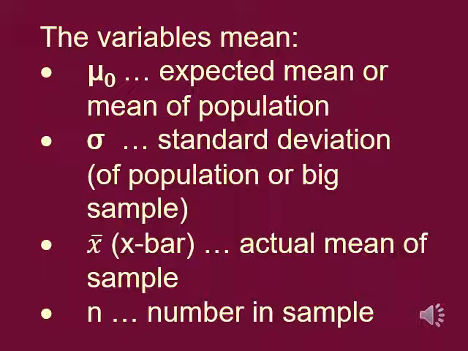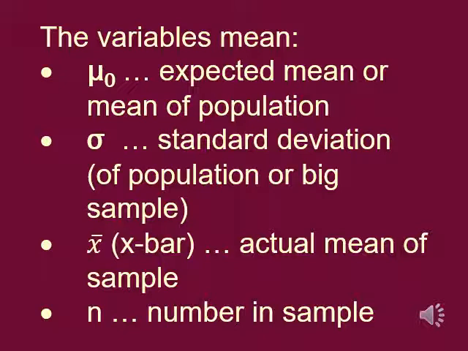It's the expected mean. Sometimes it'll be the mean of the whole population, which you might know from like census data. Sometimes it's what the mean's been in the past. Sometimes it's just what you expect it should be, but one way or another, it's the expected mean.